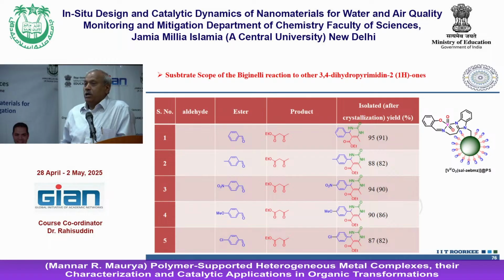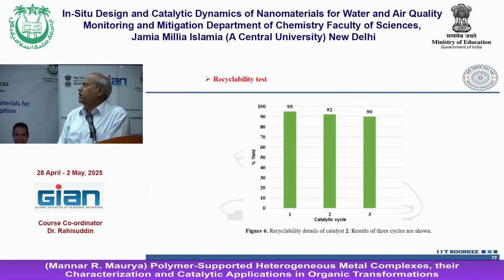Yeah, we have all compounds prepared. Not only that, plenty of derivatives we have prepared. Okay, and then we have also tried to check the recyclability. It's keeping very well. If you want to have a 95% conversion, then what do we need to do? Two cycles, as I mentioned: isolate, separate the catalyst, combine together, and take the exact amount that we had taken in the beginning, the first time.